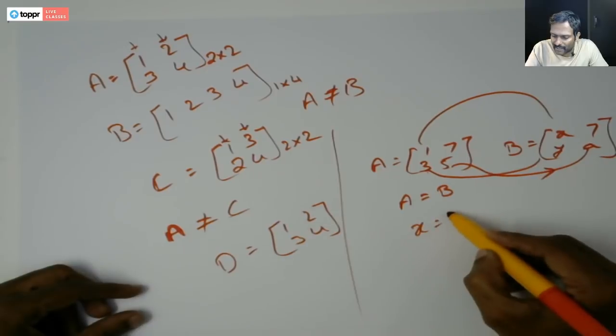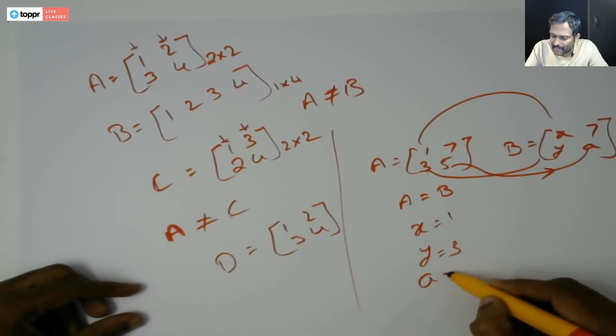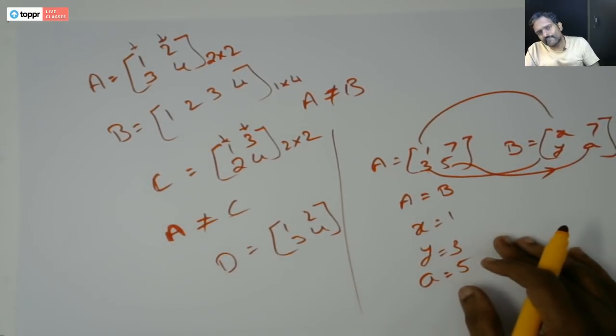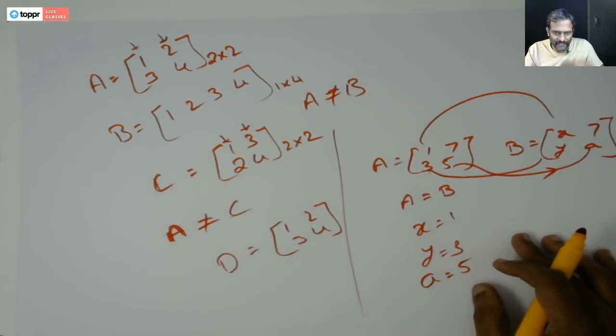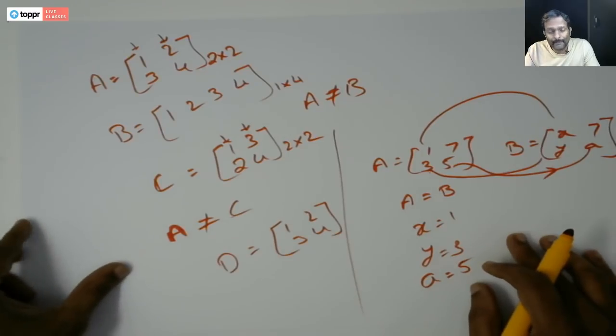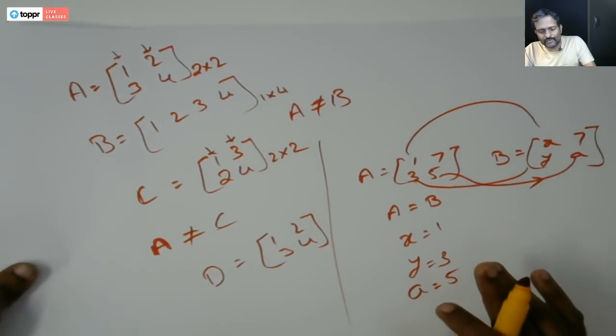So simply you can say X is equal to 1, Y is equal to 3 and A is equal to 5. This is why, when you need to find the values of some unknowns, you compare the matrices. You compare the corresponding elements to check for the equality of matrices.